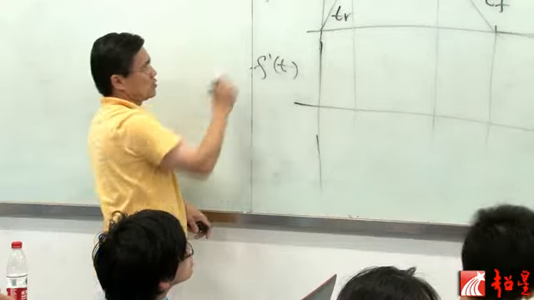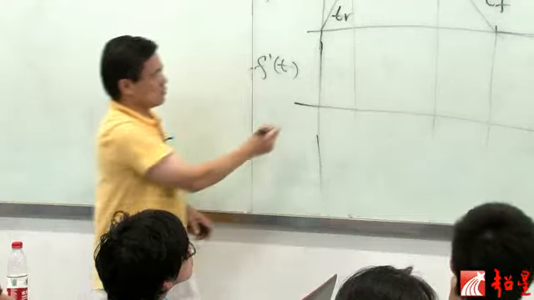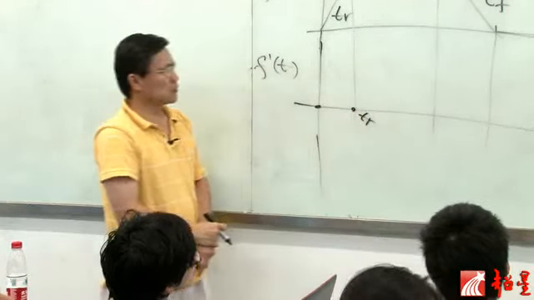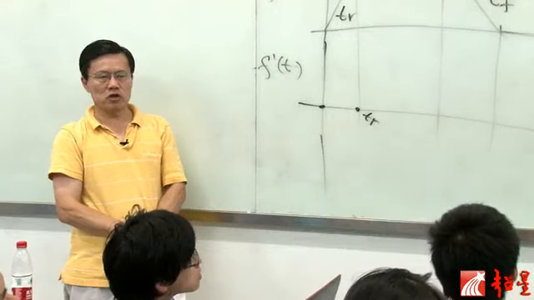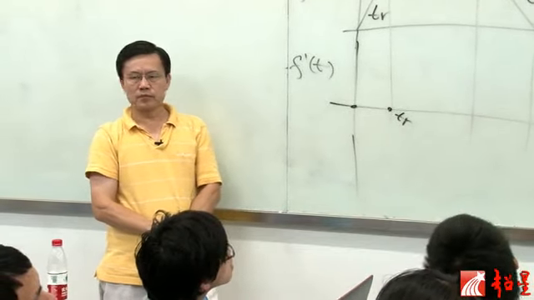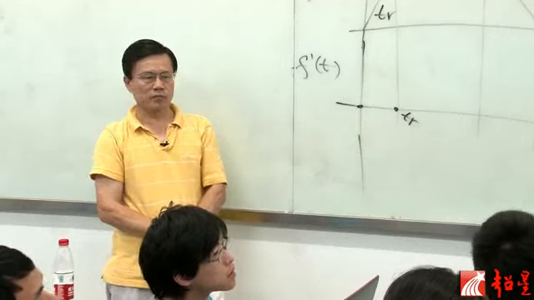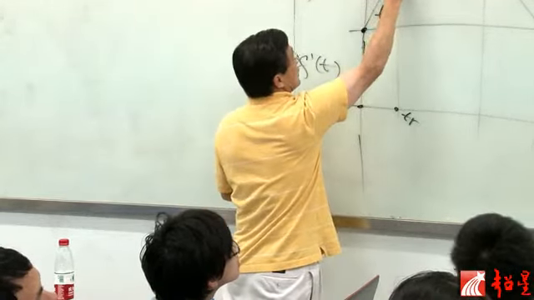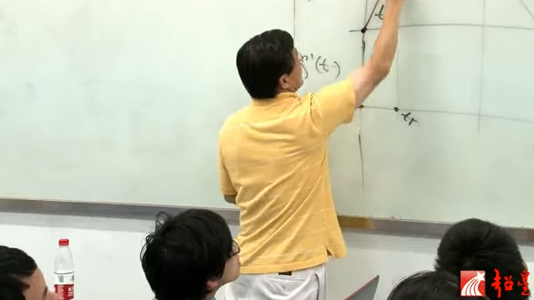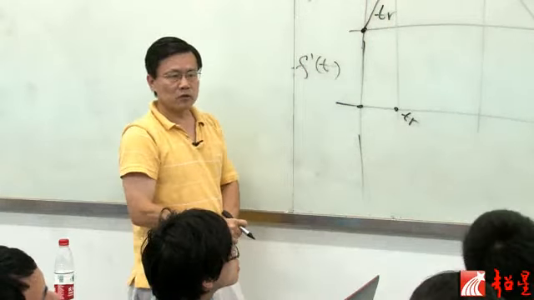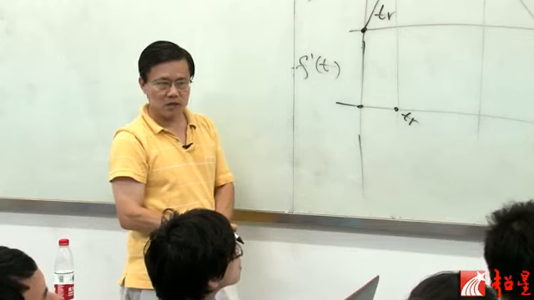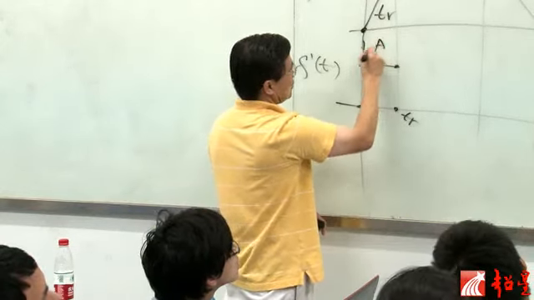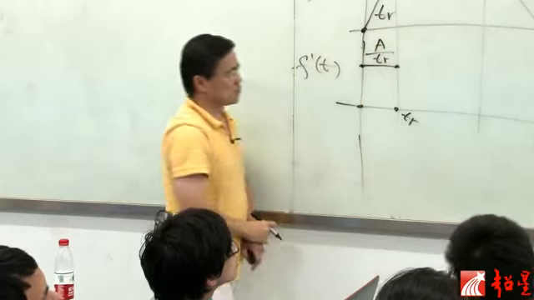From 0 to t sub r, the amplitude is A and the rise time is t sub r, so we have a constant: A over t sub r.